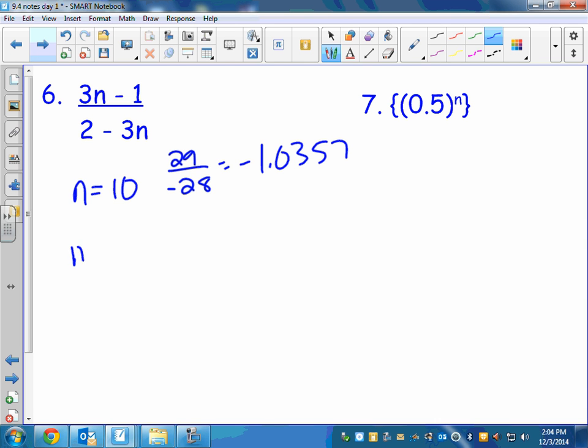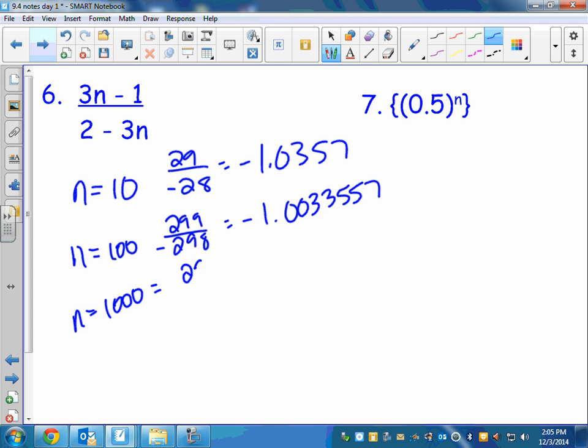If I put 100 in there, I'm going to get 299 over negative 298, which is negative 1.0033557. What if I put 1,000 in there?